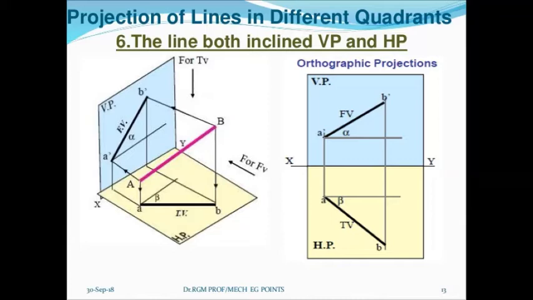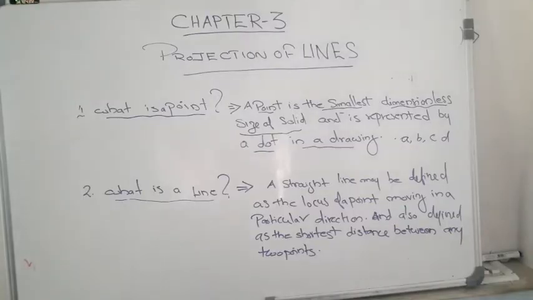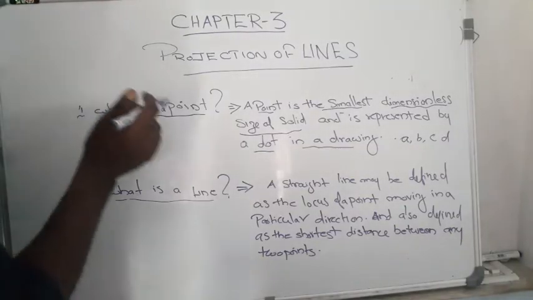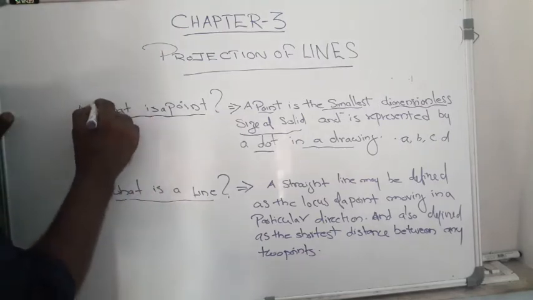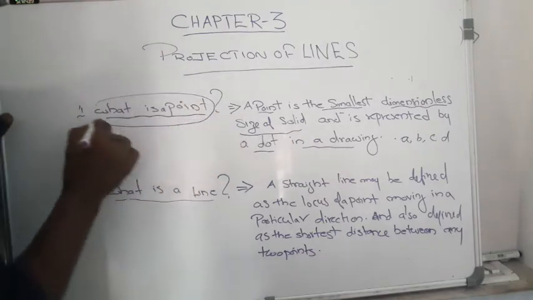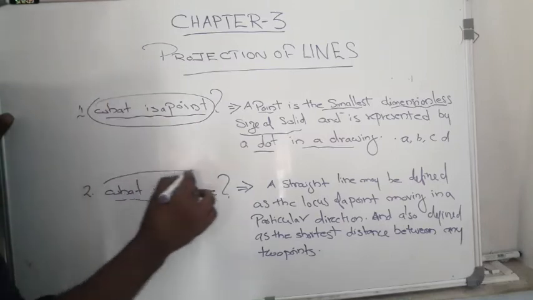Now the last one, our object is a line AB marked with red color, that is fixed in the first quadrant, inclined to both the vertical plane and horizontal plane. In this topic we have to discuss two definitions, that is what is a point and what is a line.